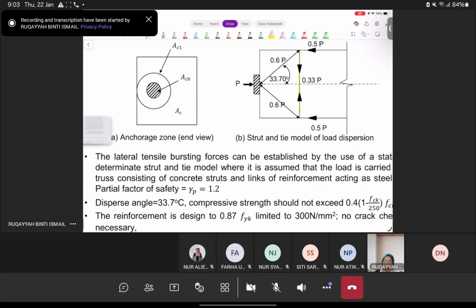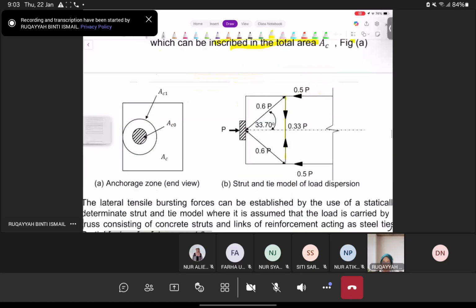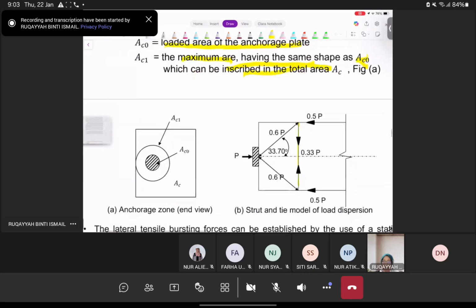So then you have Ac0 as the anchorage plate and Ac1 as the maximum area, if you can describe the total area of Ac. So this part is the total area of Ac. It's the maximum area having the same shape, because when your anchorage is a circle, the whole area for you to estimate your Ac1 will also be a circle.